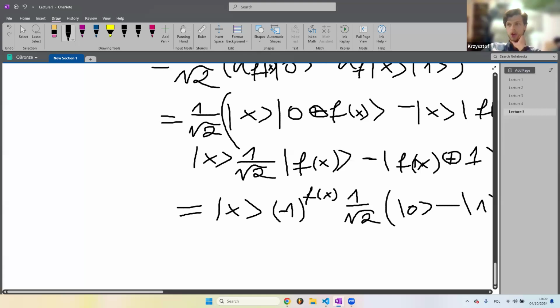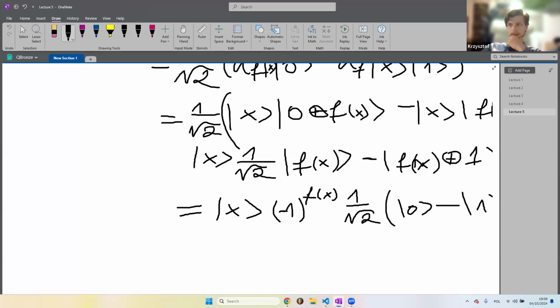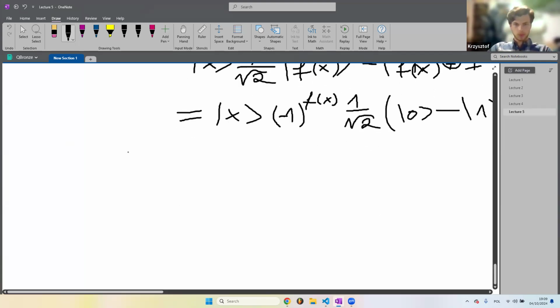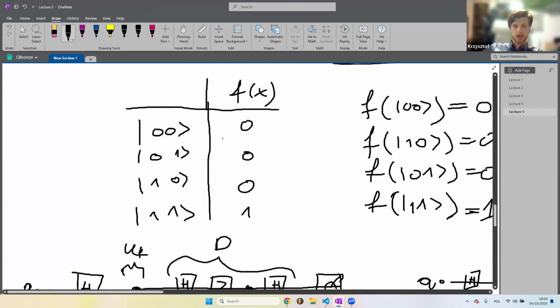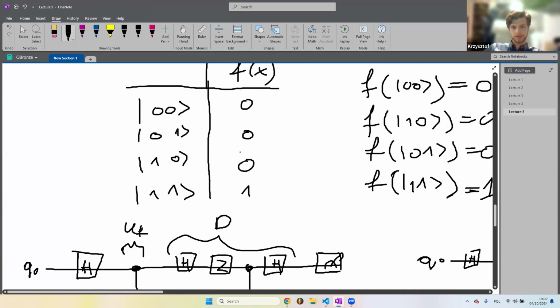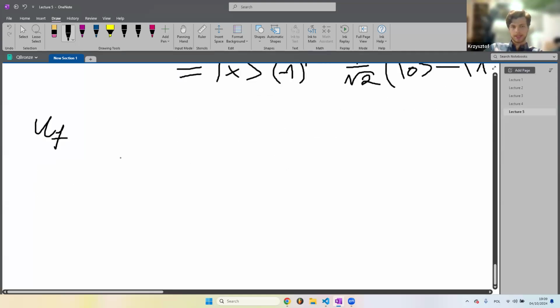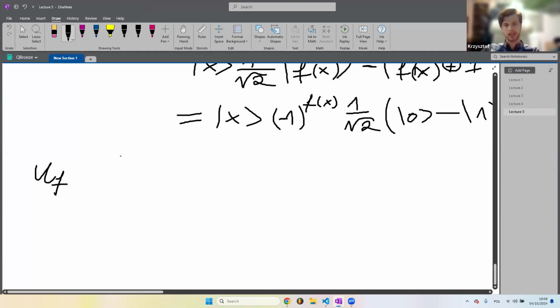Next, we would like to show that we would like to write this unitary operator as our gates.